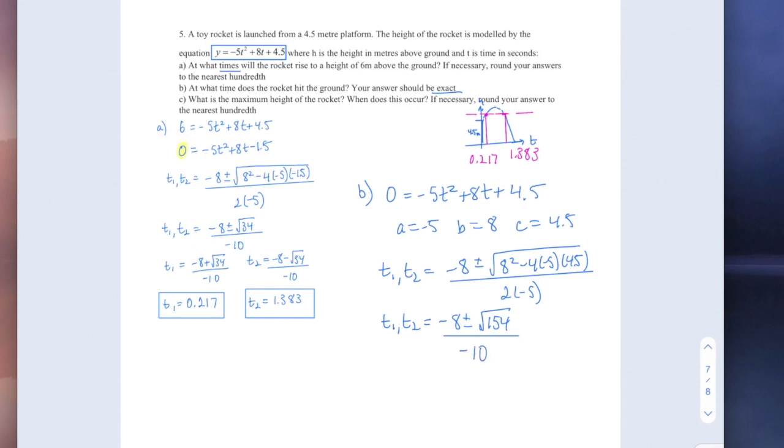The exact answer here means that all I have to do is not evaluate the square root of 154. So for my answer to be exact, I need to leave it like this.